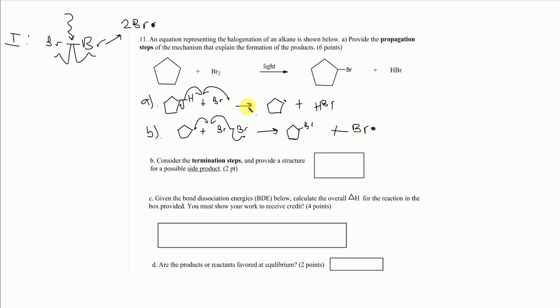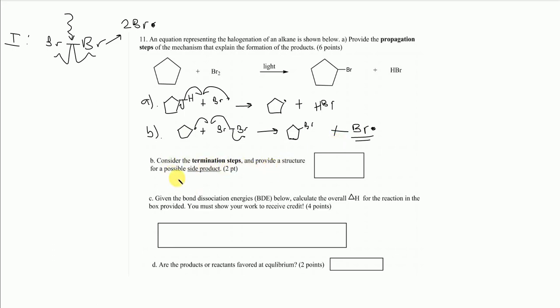I need this guy to come again and react to another one of these. So if you don't make a Br radical by the end of part B of your propagation step, then you know you did this wrong. That's why reacting this right here with the Br radical is considered a termination, because it doesn't keep the reaction going. It just stops, right?